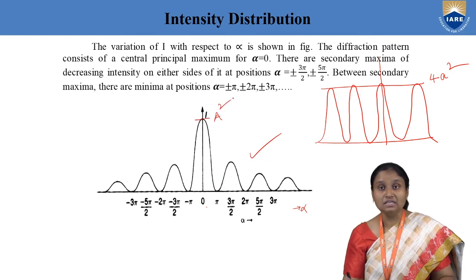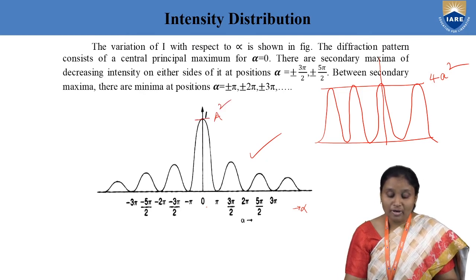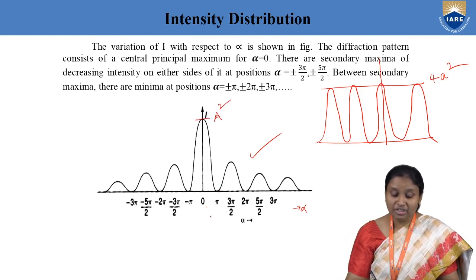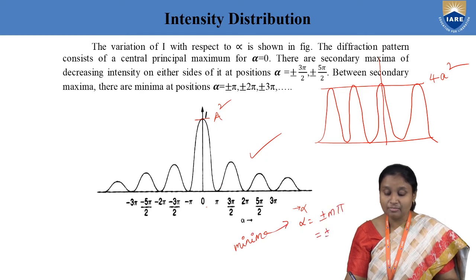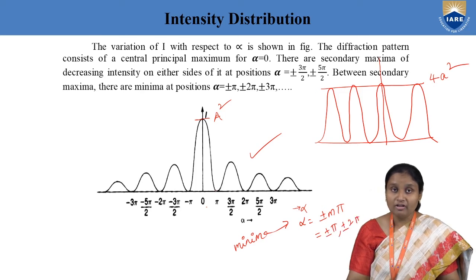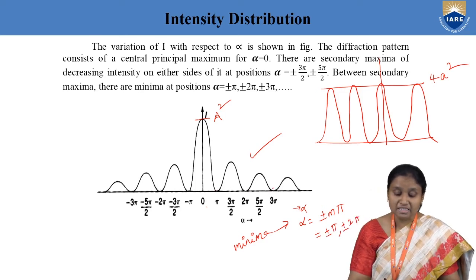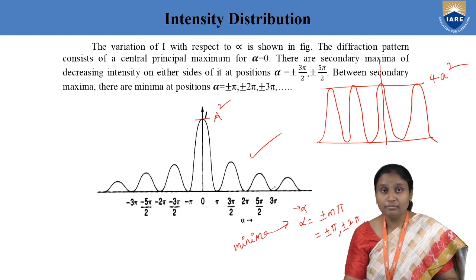What is that intensity? A square. Followed by minima. Where did I get minima? I'll get minima at alpha equal to plus or minus m pi. That is nothing but plus or minus pi, plus or minus 2 pi and so on. So wherever I have pi, 2 pi, 3 pi, minus pi, minus 2 pi, I have minima.